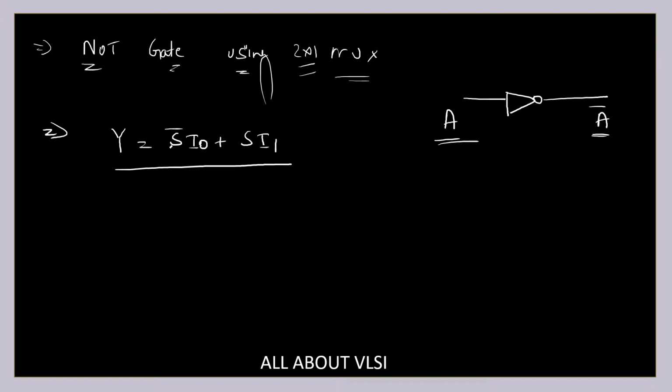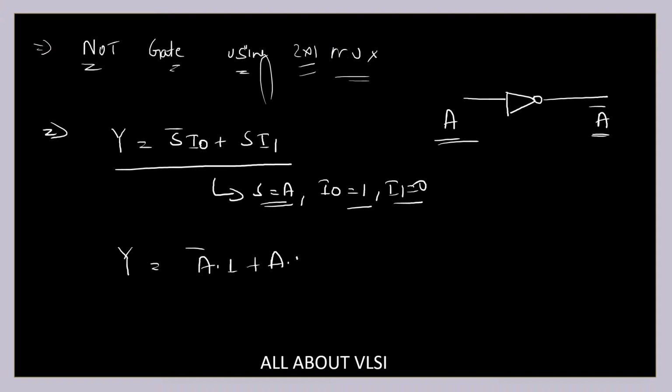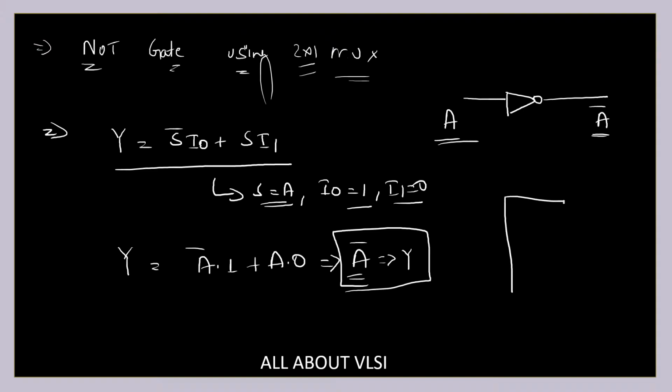Now I can simply substitute S equal to A, I0 equal to 1, and I1 equal to 0. If I substitute these values into my equation, I get Y equal to A complement into 1 plus A into 0, so I get A complement, which is Y. This is how I get a NOT gate using a multiplexer.